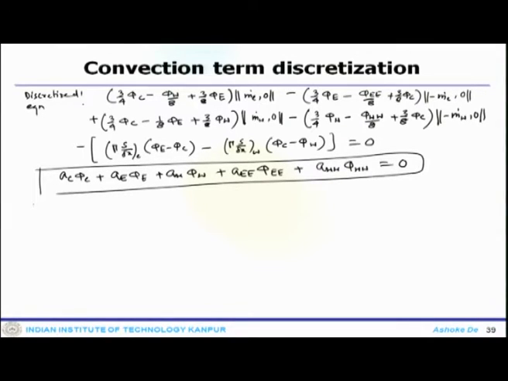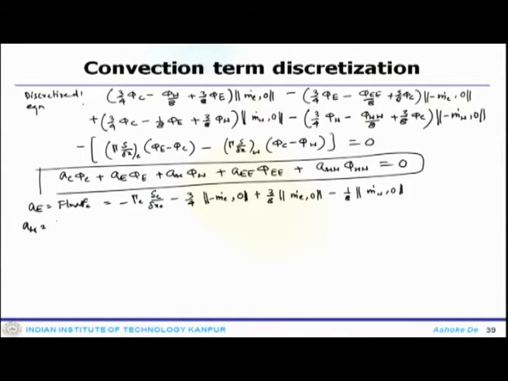And the term A E equals the flux F E, which will be gamma E A E by del x E minus 3/4 m dot E 0 plus 3/8 m dot E 0 minus 1/8 m dot W 0.